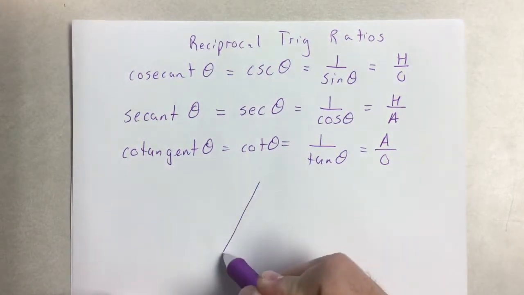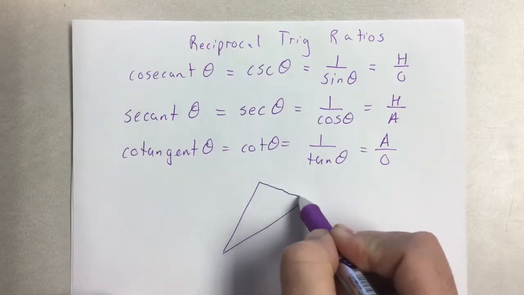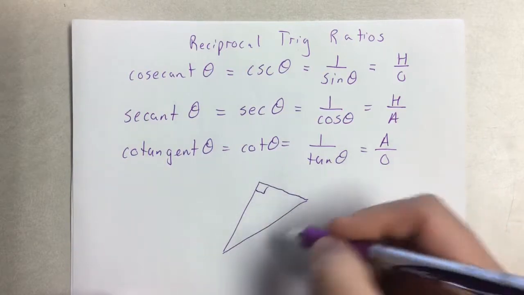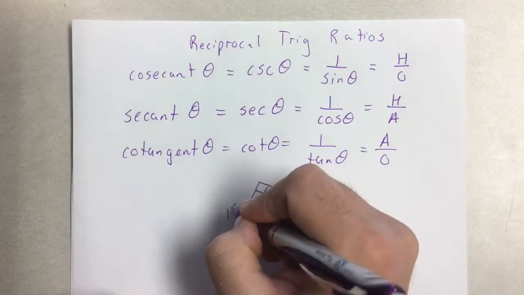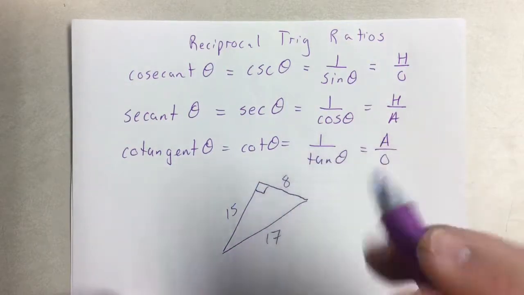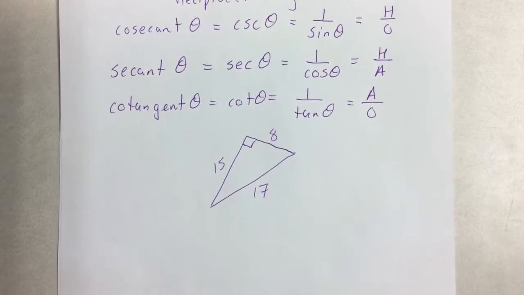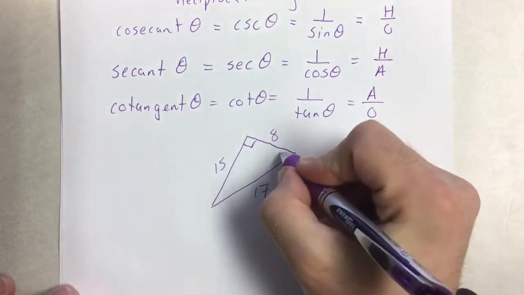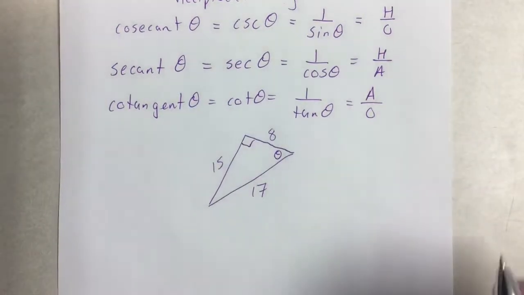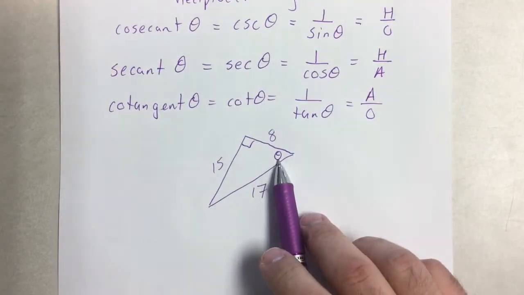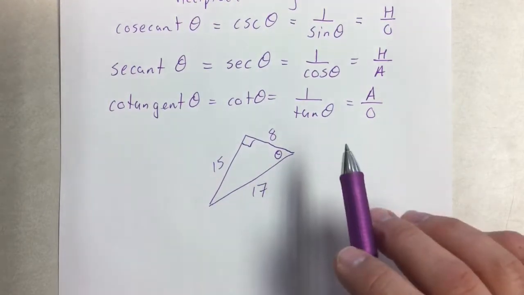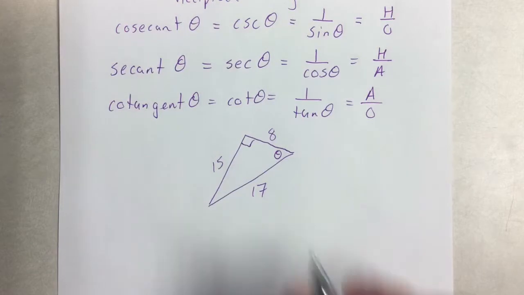So let's say we have this figure. In a problem, you will always know where the reference angle is, whether you're given the angle measure or theta to mark where the reference angle is. That's very important, because without that reference angle, we would not know which side is the adjacent and which side is the opposite.